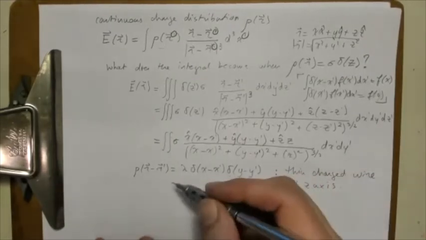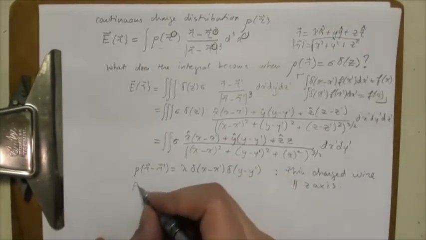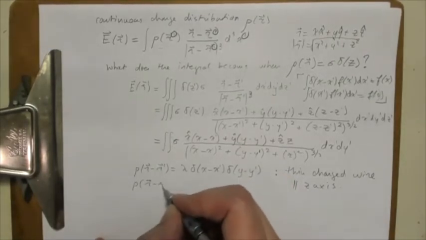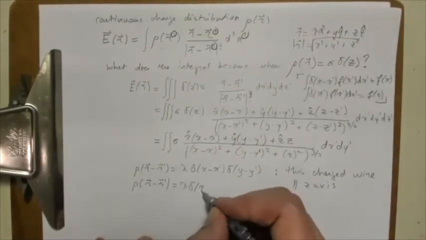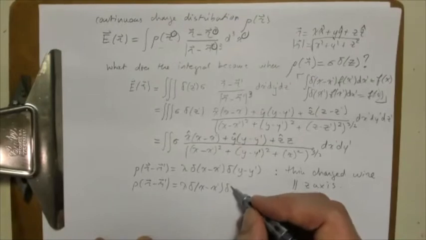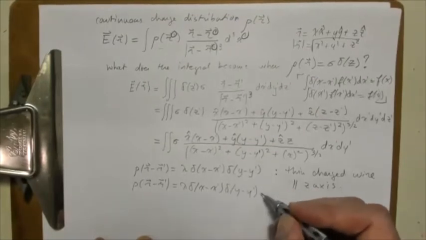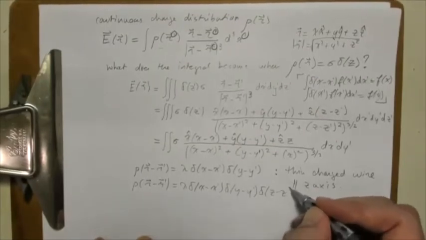Okay, and then finally, of course, this one, delta of (x − x'), (y − y'), (z − z').